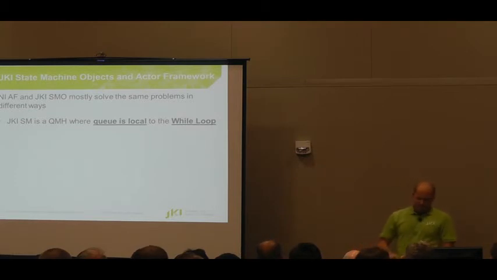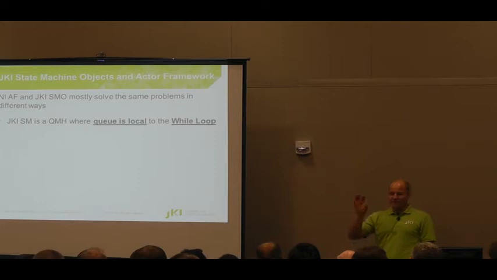The NI Actor Framework and the JKI state machine mostly solve the same problems in different ways. The JKI state machine is basically a queued message handler, where the queue is local and private to the state machine. We saw the string on the shift register. And I've seen some people violate that by having a frame of the event structure somewhere that's waiting on somebody else to pump strings into it.